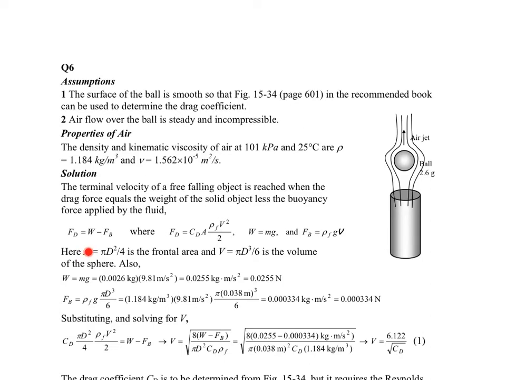Here is the area of the projection, which we call the frontal area of the ball, and the volume of the ball, which we need for calculation of the buoyancy force, is pi d cubed over 6. So we evaluate this, and it gives the weight of the ball as 0.0255 newtons.